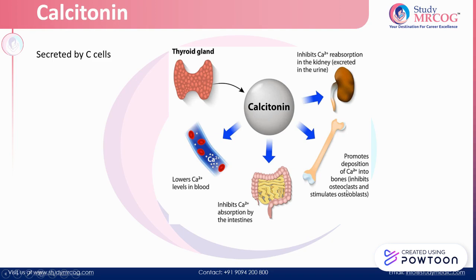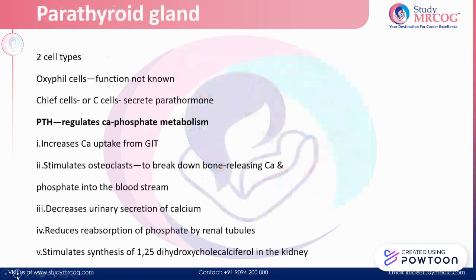Then, in the bone, it stimulates the osteoblasts and inhibits osteoclast. So more of calcium is deposited into the bone, and in the kidney, it will inhibit reabsorption of calcium in the kidney. So more of calcium is excreted in the urine. In this way, calcitonin decreases the level of calcium in the blood.